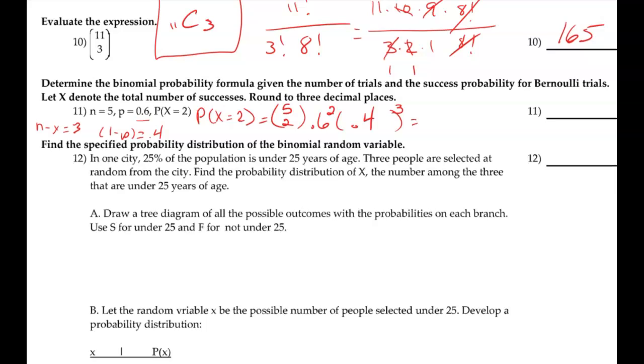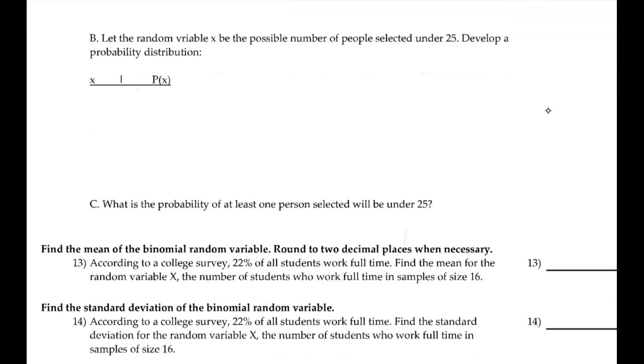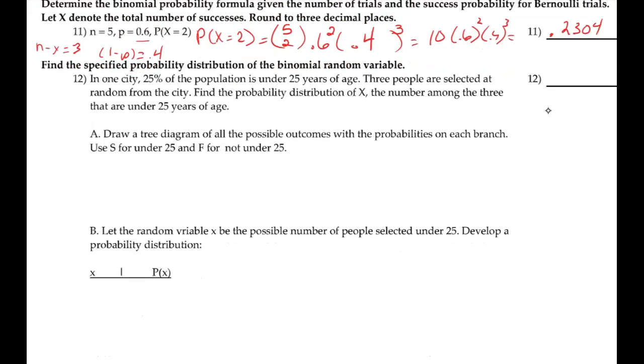So this equals 10 times 0.6 squared times 0.4 cubed. I'm just going to go ahead and plug those numbers into my calculator. It looks like I'm going to get 0.2304 for those. Okay.